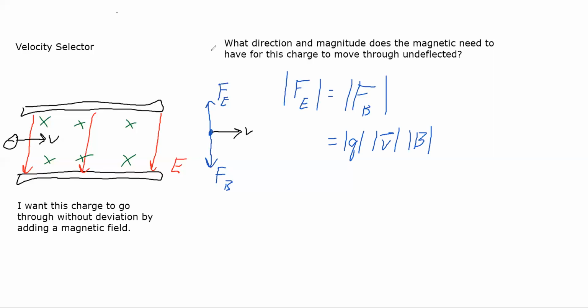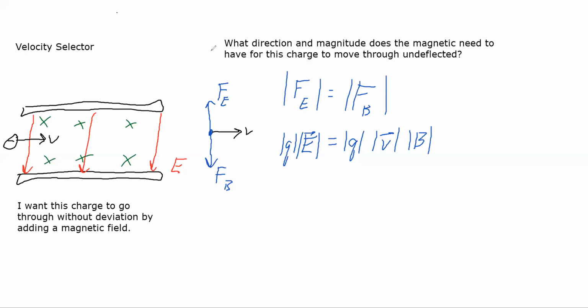Sometimes you do have to worry about that sine, but in our example so far, the angle has been 90 degrees. So sine 90 is 1, and then for FE, it's QE. I'm not doing all absolute values because we're just looking at the magnitudes.